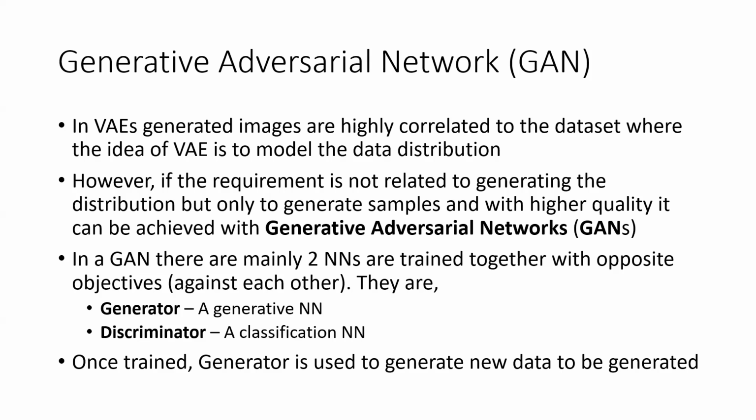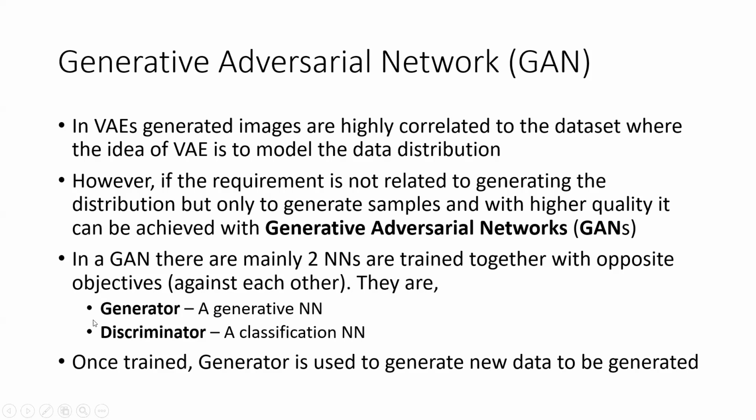So let's see how the GANs work. Generative adversarial networks are in short called GANs. There are two neural networks that are trained together in a generative adversarial network. One neural network is known as the generator, which is based on the generative models as we have discussed, right?